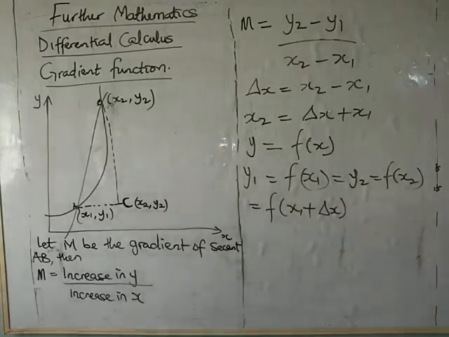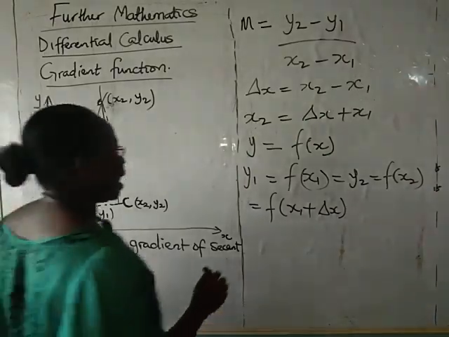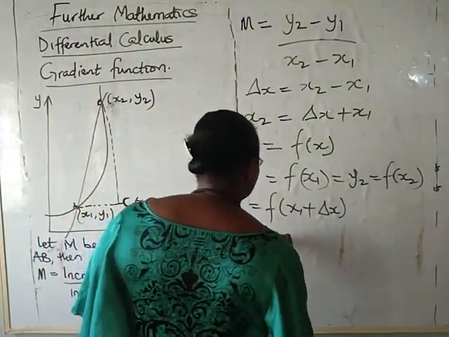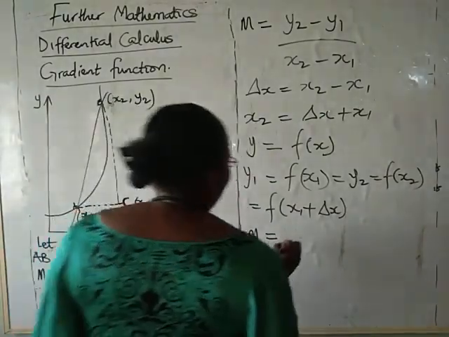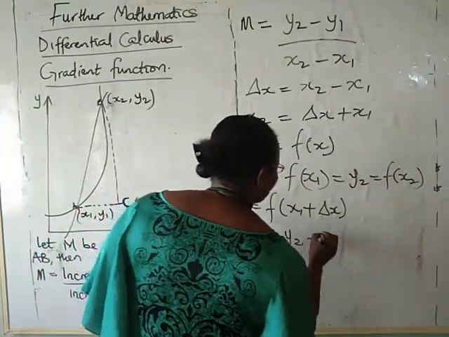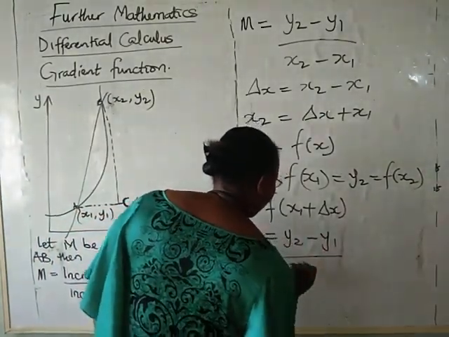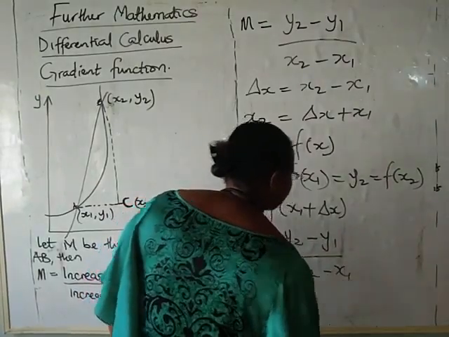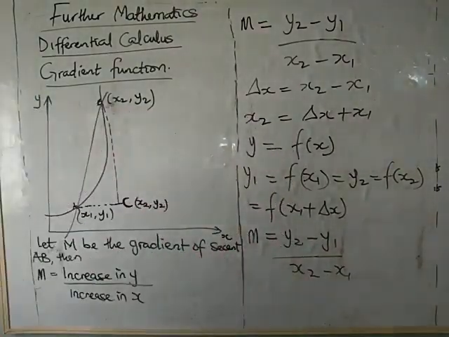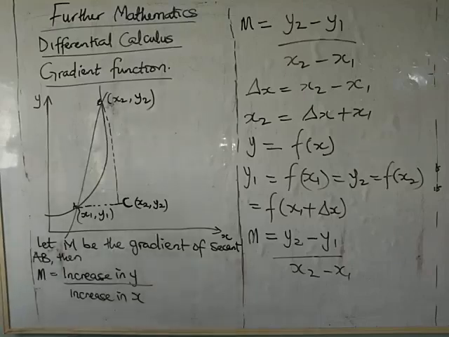I want you to quickly observe that there is a relationship between all these variables. As I'm trying to measure the gradient m, my m is the same thing as y2 minus y1 all over x2 minus x1, which is the normal gradient that we have been observing before.